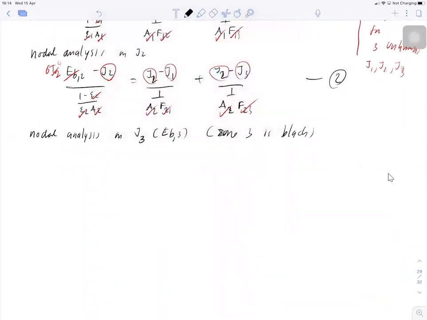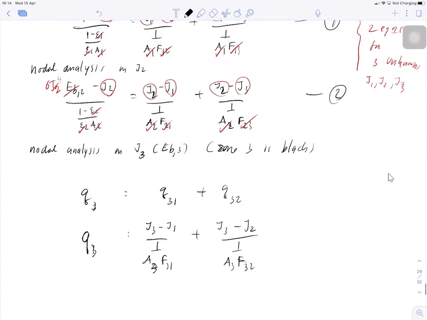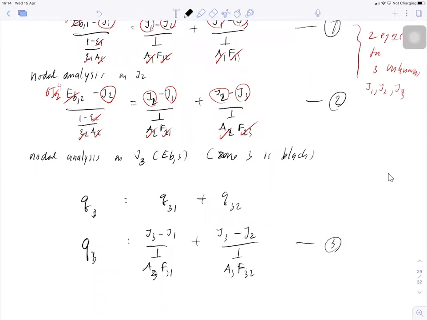You can't say anything except Q3 equals Q3 back to 1 plus Q3 back to 2. And Q3 is equal to J3 minus J1 over 1 over A3F31, that's the resistance, plus J3 minus J2 over 1 over A3F32, right? So you've got yourself a third equation.